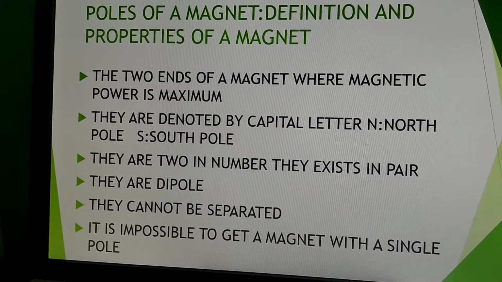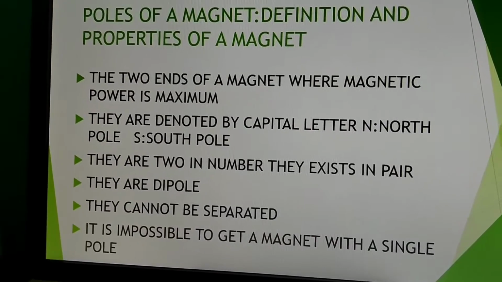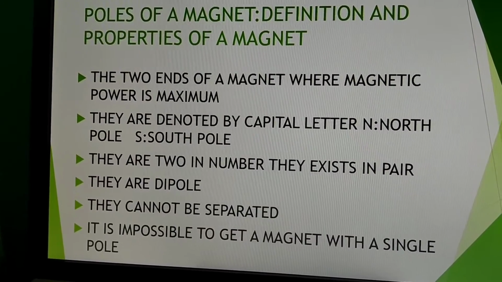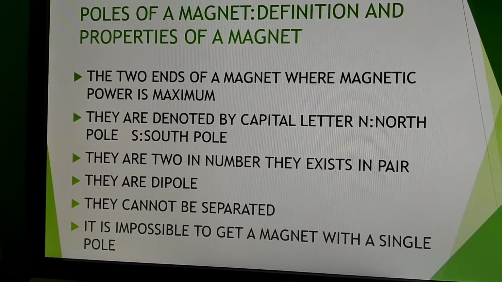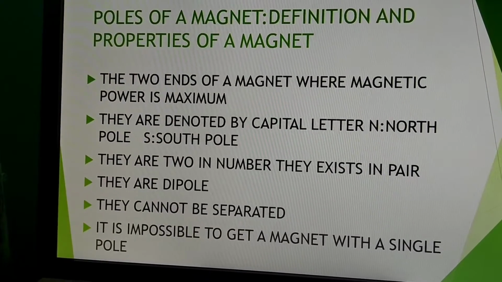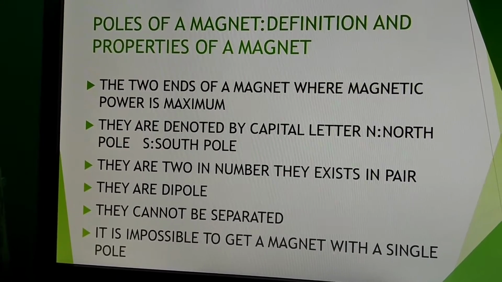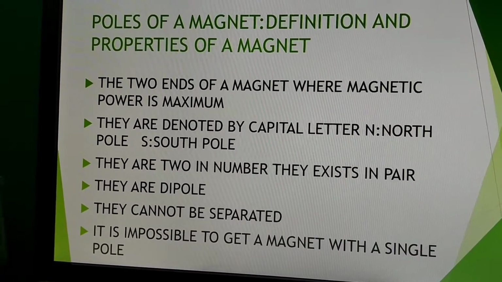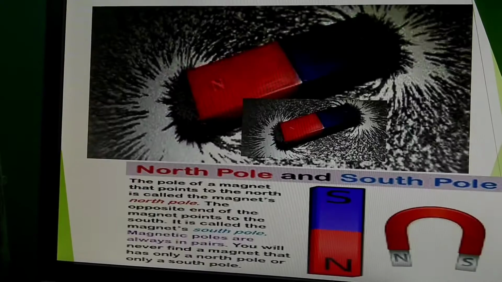Poles cannot be separated. It is not possible to isolate North Pole from South Pole. We can never get a magnet which has only one pole. Whatever small the size of a magnet, it will always have two poles. This suggests that poles always stay together.